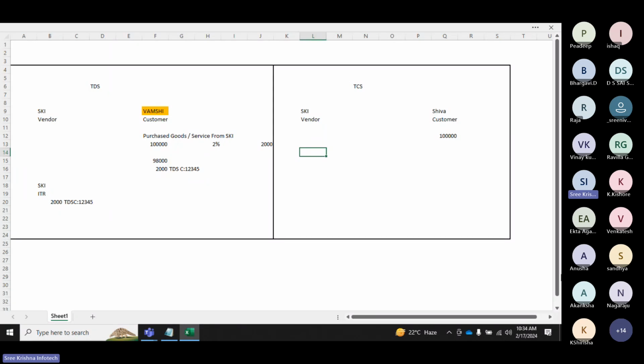In this scenario, Shiva is one person. Shiva is a person. He is receiving service from Sri Krishna Infotech worth 1 lakh. And here TCS, tax collected at source, is applicable. In this situation, the vendor Sri Krishna Infotech is receiving 1 lakh from the customer and is generating one invoice, and for example 1% tax, 1,000 rupees. So 99,000 rupees is the invoice value, and 1,000 rupees will be the TCS certificate number.